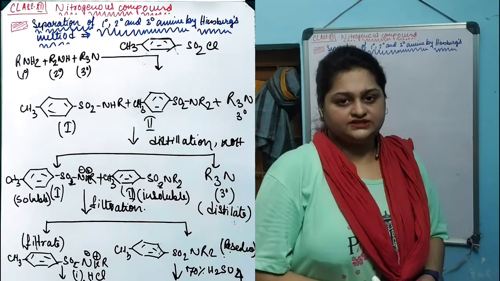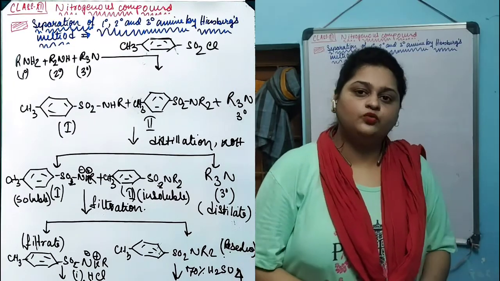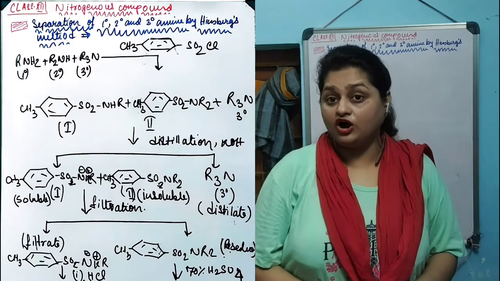There is a method known as the Hinsberg method which provides the separation of 1-degree, 2-degree and 3-degree amine produced in the Hofmann method.